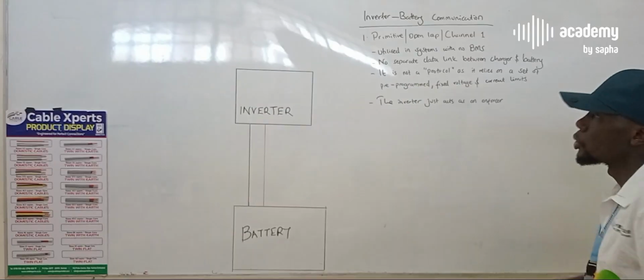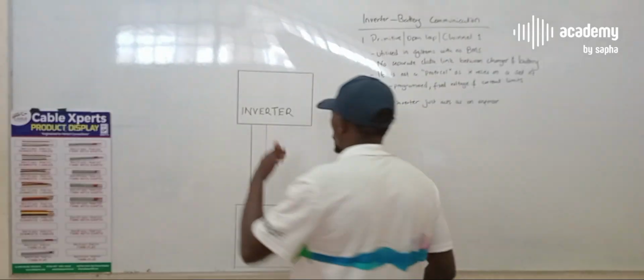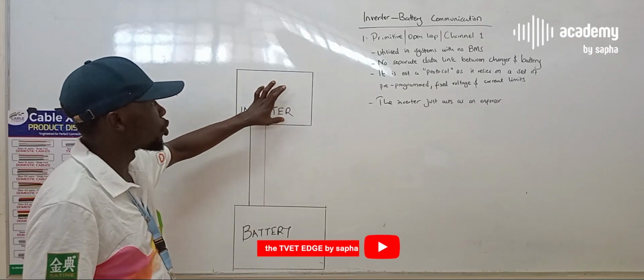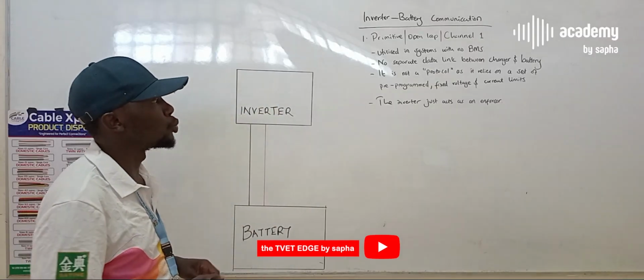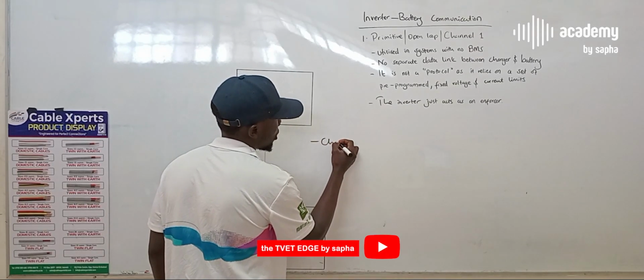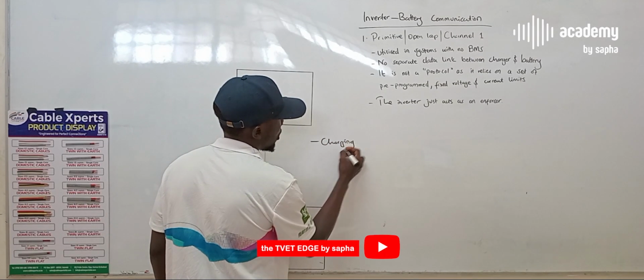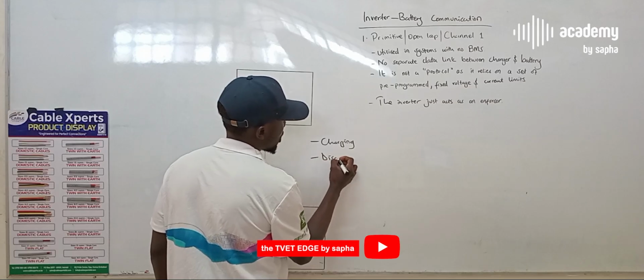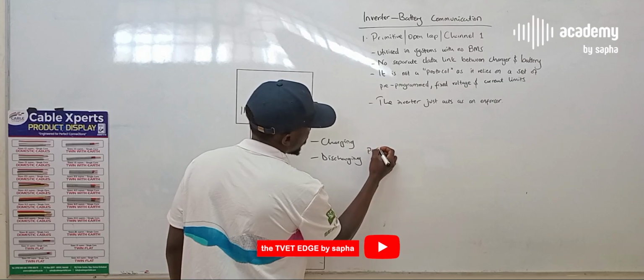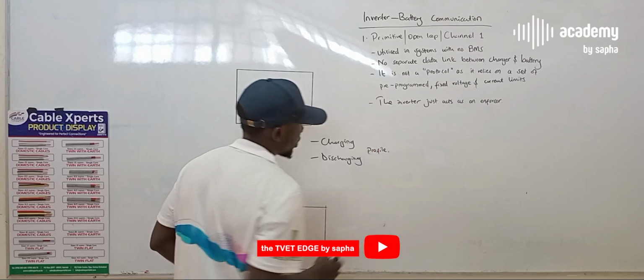current limits. So what this means is that when you connect your inverter to your battery, you configure this inverter to something called a charging and a discharging profile.